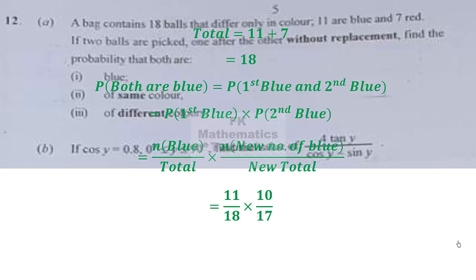Then the number of blue balls will reduce to 10, and the total will reduce to 17, because we are picking without replacement. So 10 out of 17. If you multiply this, we get 55 over 153.